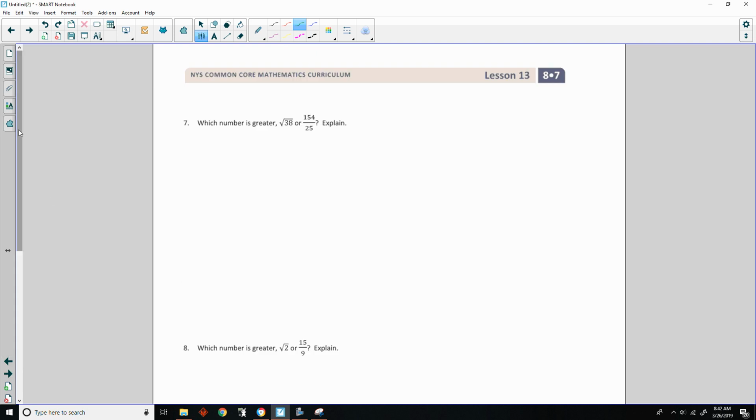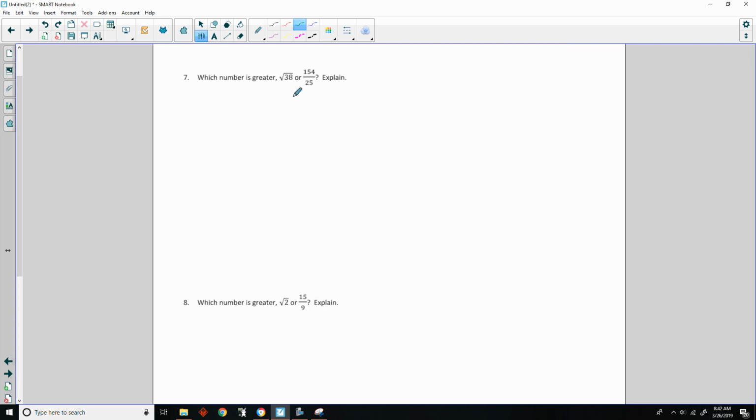Number 7. Okay, first I'll do the fraction. Well, there's 4 25s in 100, and there's 6 in 150, so 6 times 25 is 150, and that will leave me with 4, bringing down a 0, 40, 1 times 25, subtract, get 15, bring down a 0, 25 will go into 150 6 times.